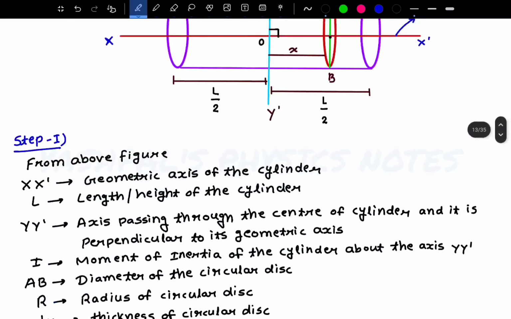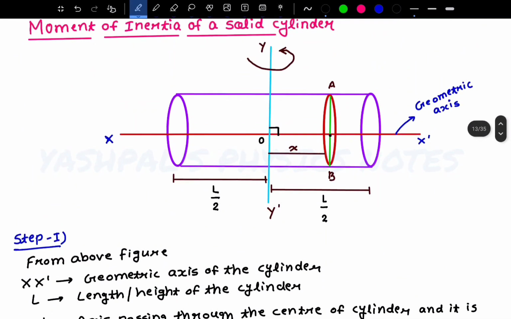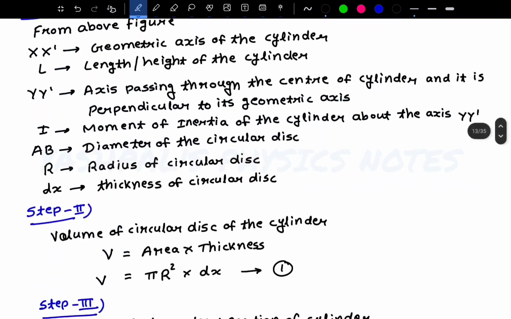From the figure you can see the circular disc, which I have shown with red coloring, is at a distance small x from this y dash axis, and it is a perpendicular distance.